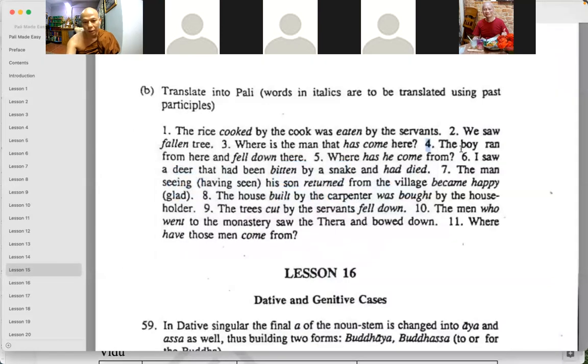And then now the next line: the boy ran from here and fell down there. The boy, kumara. So ran is dhavati, from here, and fell down is patati. Okay.